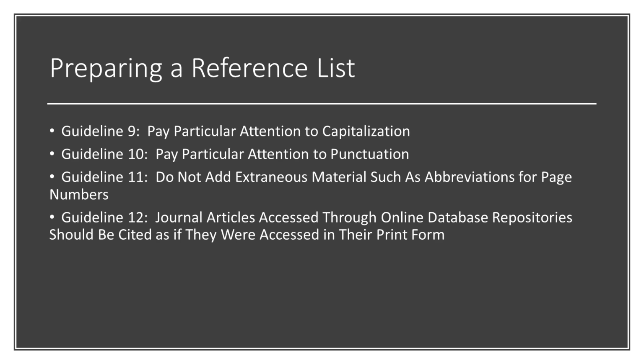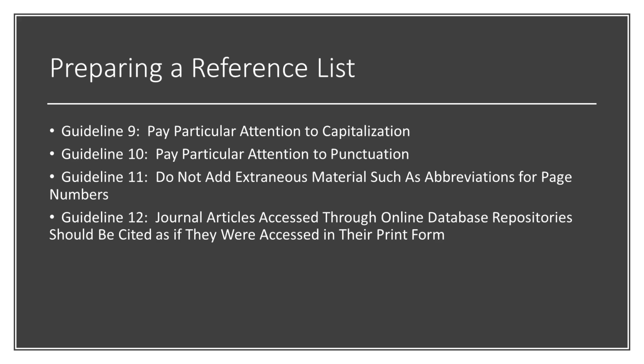Page numbers in APA style for journals are the last numbers in a reference. APA style does not use abbreviations such as p. or pp. You might have seen this in your papers. Do not use those.